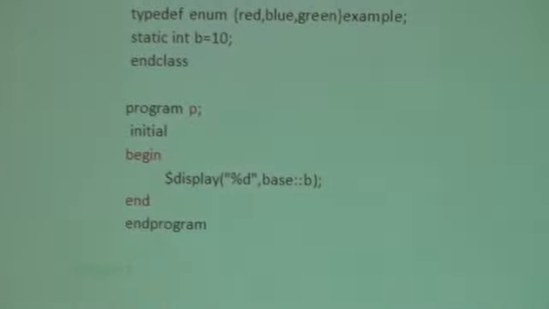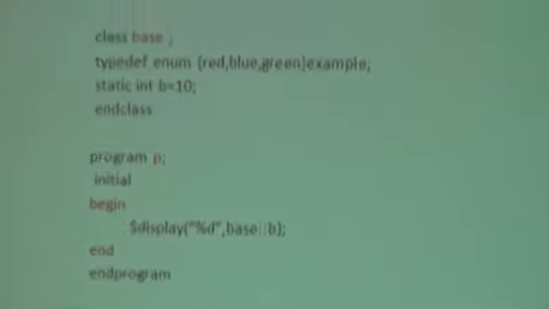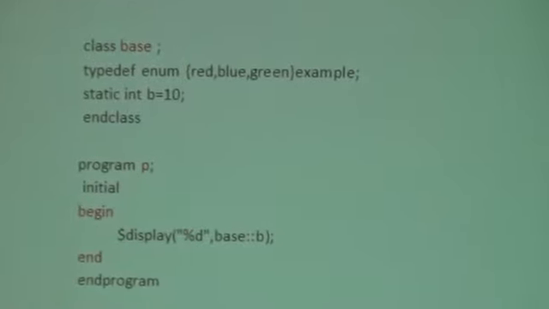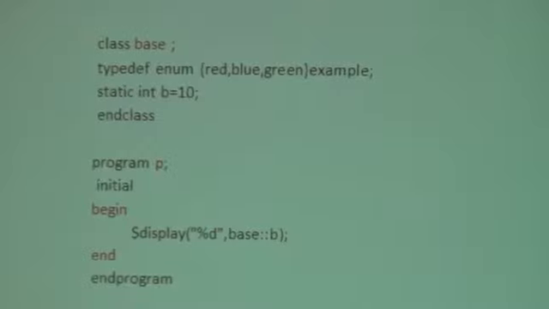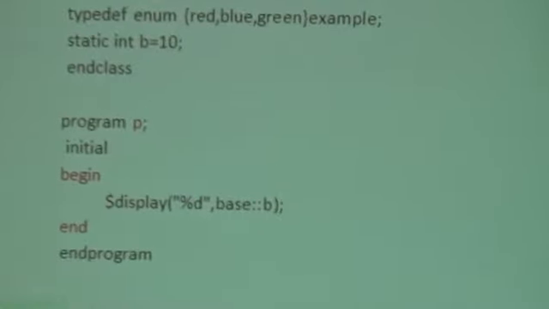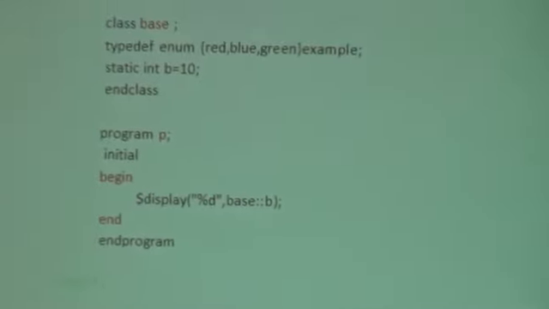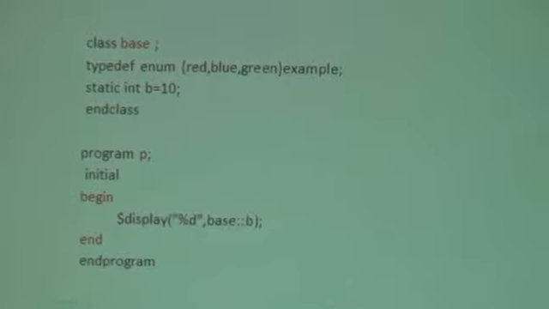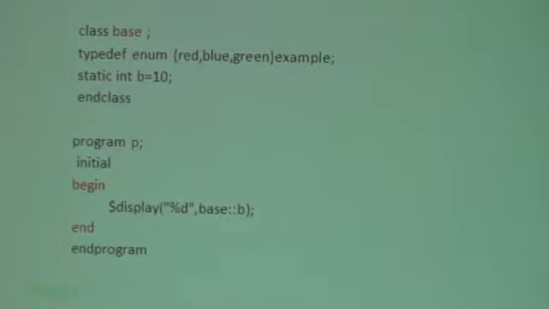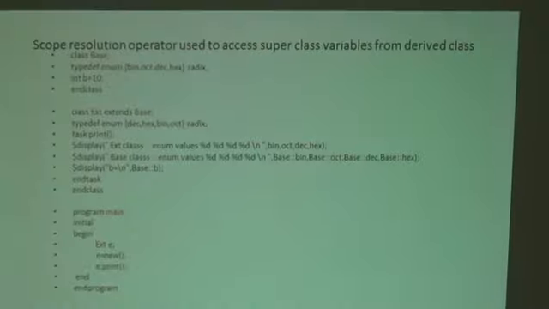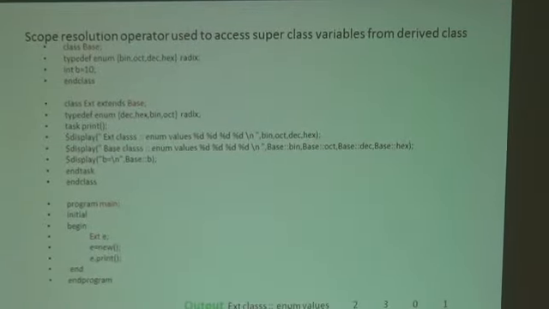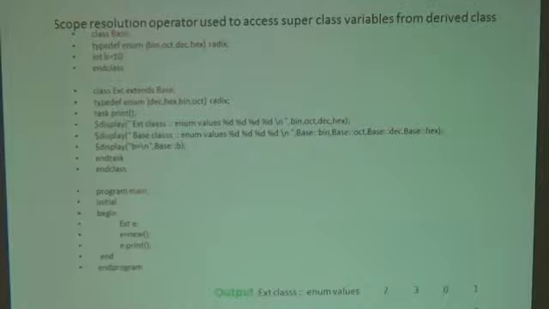If I see in program P, I just try to access the base operation of B. So in this manner I try to access the keyword described with static, and in this next example you would see accessing of example using the scope resolution operator. The scope resolution operator is also used to access the superclass variable from the derived class.